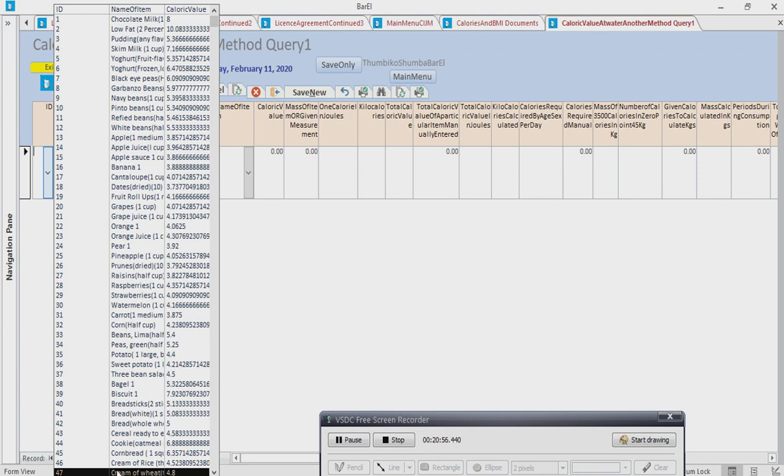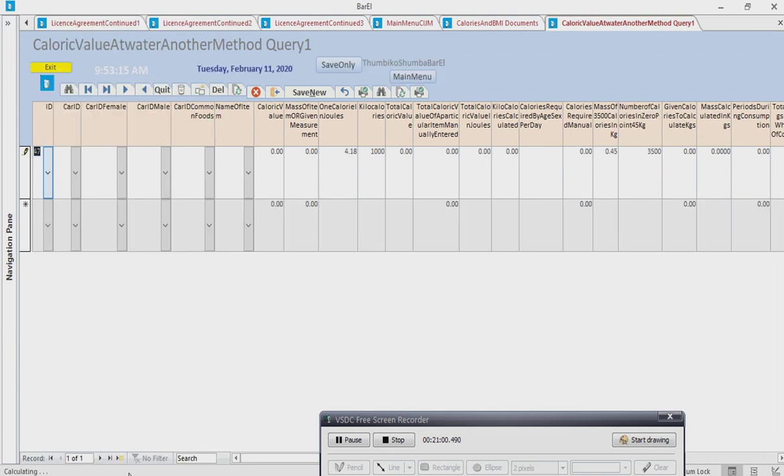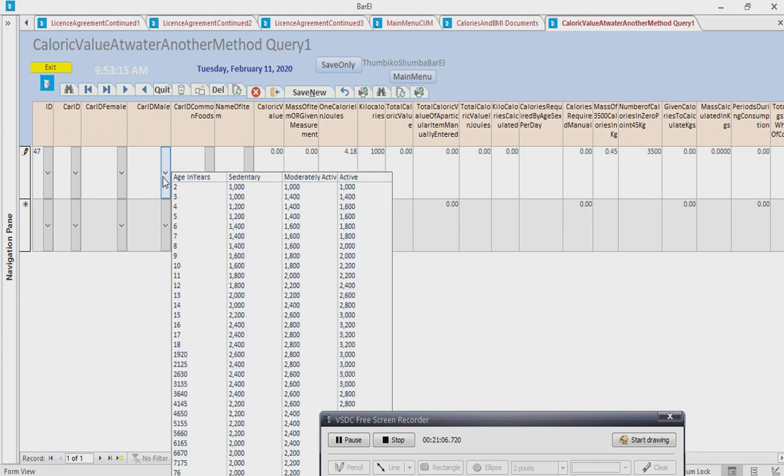On one side is the name of the item, and the other side is the caloric value. This is a meal.